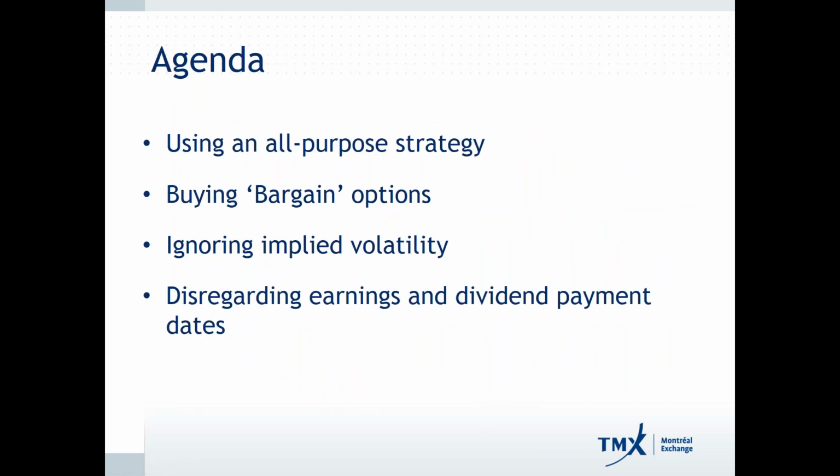So the agenda today is using options as an all-purpose strategy. We're going to look at the idea of buying cheap options and what are the pluses and minuses of going for these lower cost options. We're going to talk about the mistake of ignoring implied volatilities, what implied volatility is, and how a beginner can make some very basic rules of thumb in terms of anticipating what is happening in the markets.